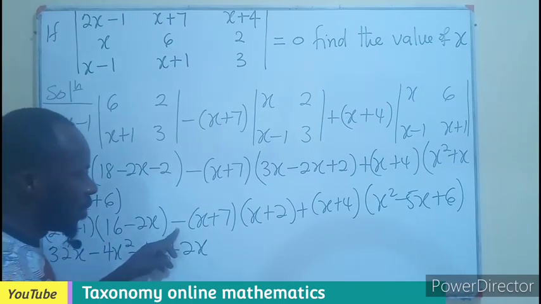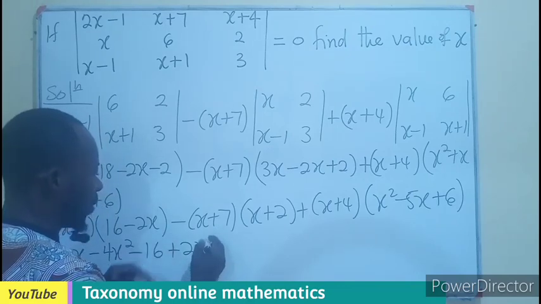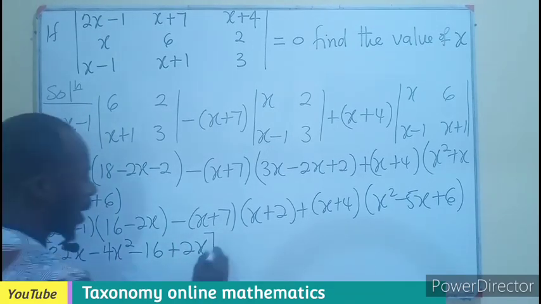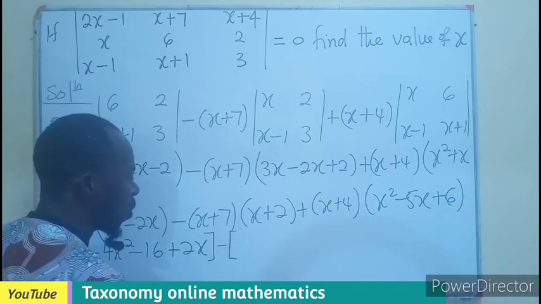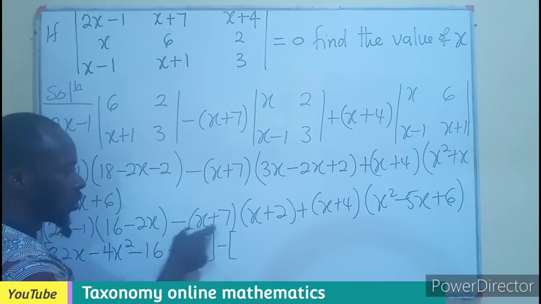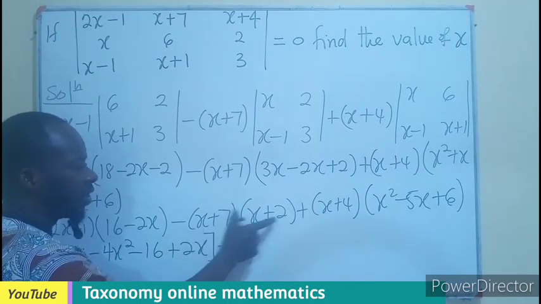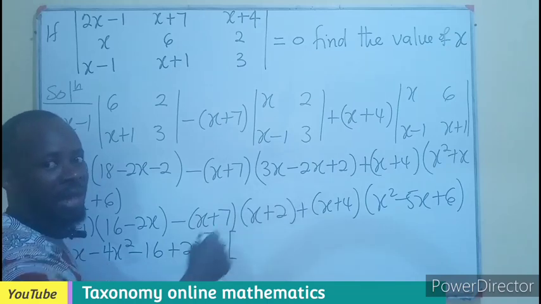Then here, let me put all these in one bracket. I'm going to introduce a bracket because the negative is affecting not only the x plus 7, but it's affecting the 2. After you expand, the negative affects all the terms in there.